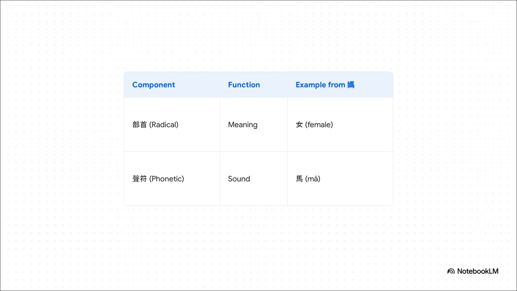So let's just break this down one more time because this is the whole secret. Most Chinese characters are just a logical combination of two parts. You've got the radical, like nu, which gives you a clue about the meaning, in this case, female. And then you have the phonetic component, like ma, which gives you a clue about the sound, ma. It's really that simple. One part for meaning, one part for sound. It's such a brilliant system.